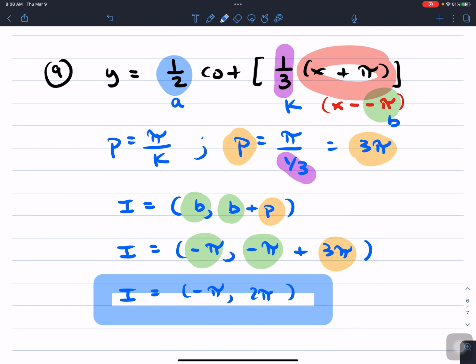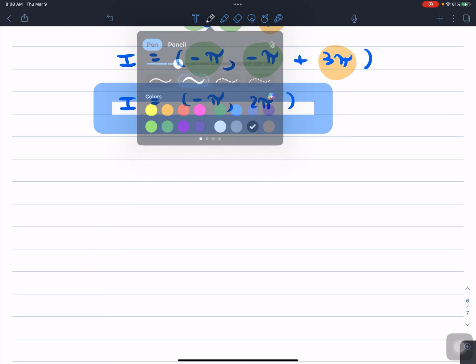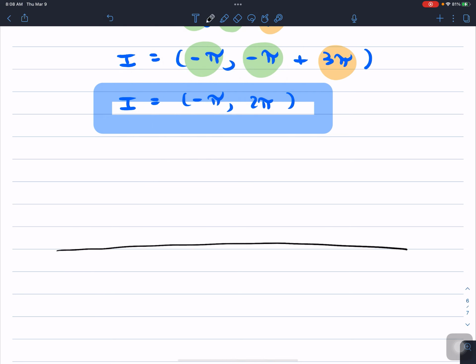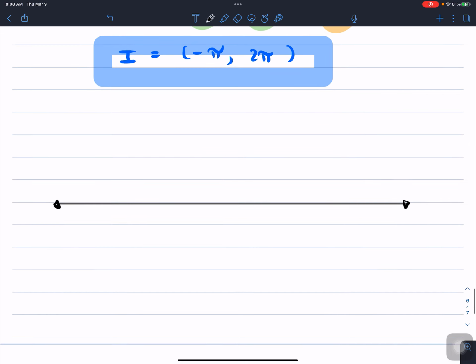Number 9, okay, now, remember, when we start to sketch this, what are we going to do here? This is going to go from negative pi up to what? 2 pi, okay? So can I ask you guys a question here? Remember, you say, where's my y-axis? I don't write it down yet, because I need the midpoint between what?